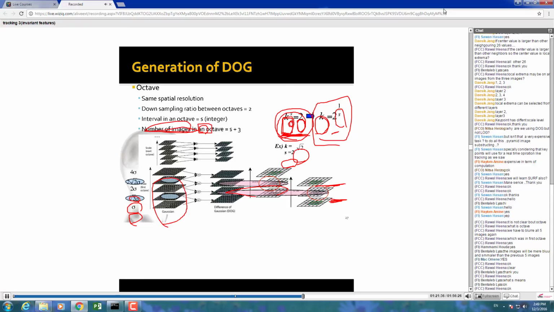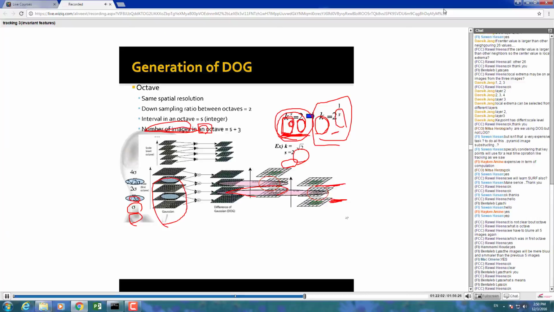This is the formulation. As for K, we can determine K with any number you want, but we need some kind of formula, so this is an approximation.